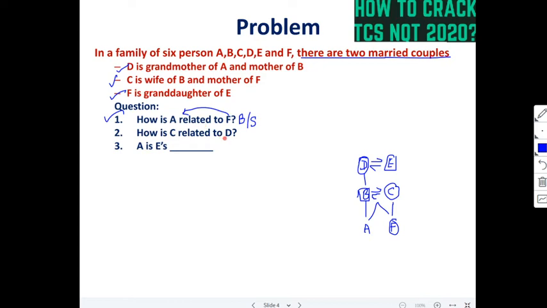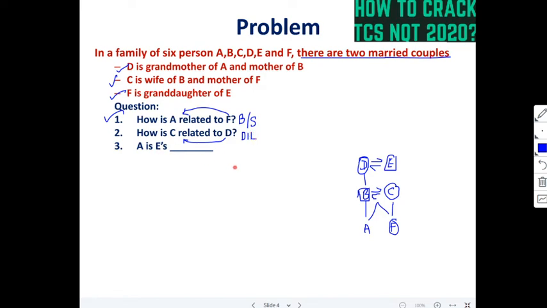Next, the second question is, how is C related to D? As I've told, from D to C we have to check. So where is D? D is here and C is here. D's son is B and B's wife is C. So what is this relation? Daughter-in-law. Okay.